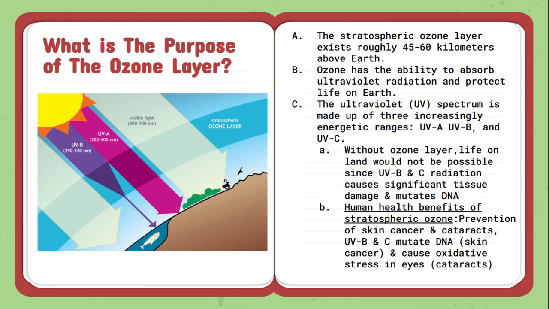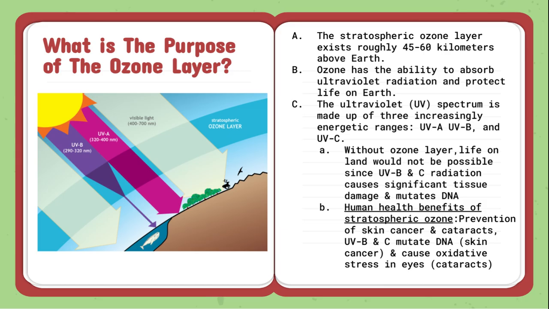We know that our ozone layer is built in such a way that it can actually help to absorb harmful ultraviolet radiation. And this helps to protect any sort of living organisms on Earth. And so our O3, or ozone, is built in such a way that it can absorb UVA, UVB, and UVC ranges of ultraviolet radiation.